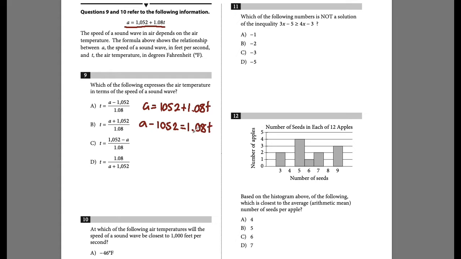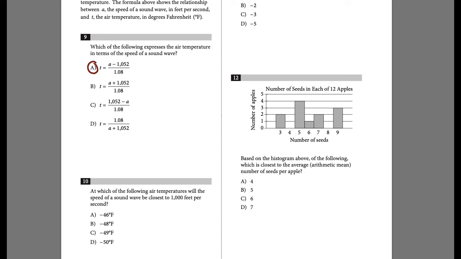And then to get T by itself, we need to divide by 1.08. And finally, we'll get that T equals A minus 1052 over 1.08, or answer choice A.